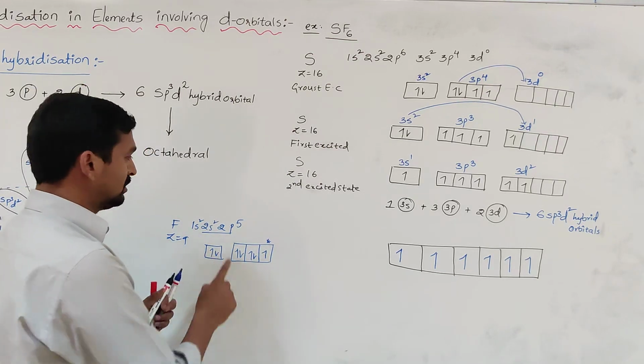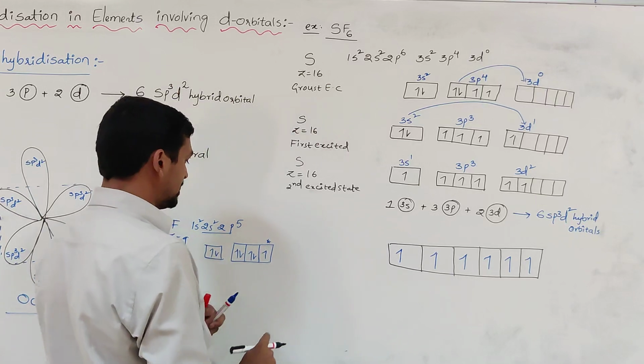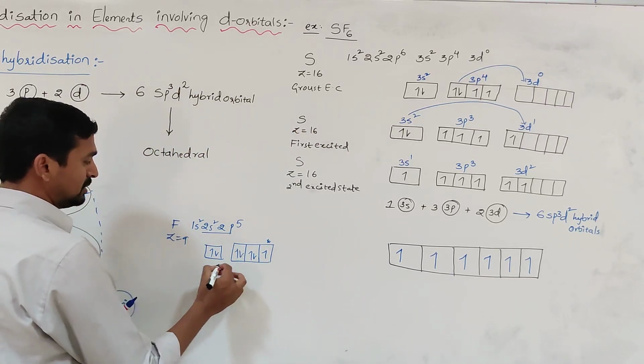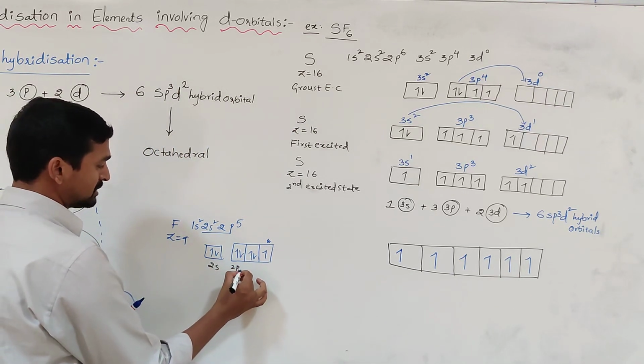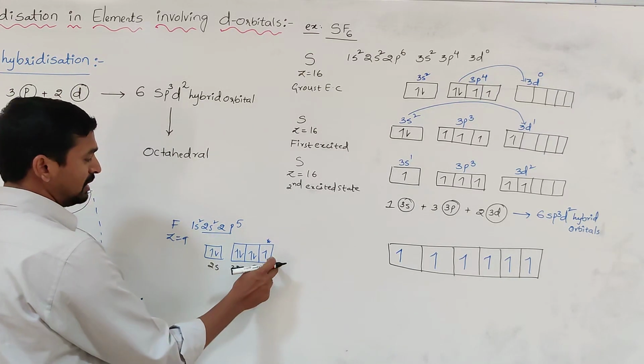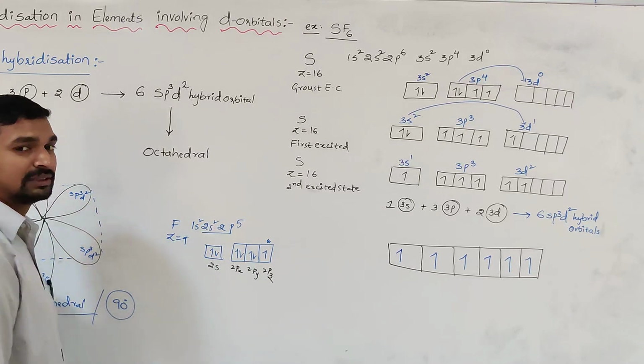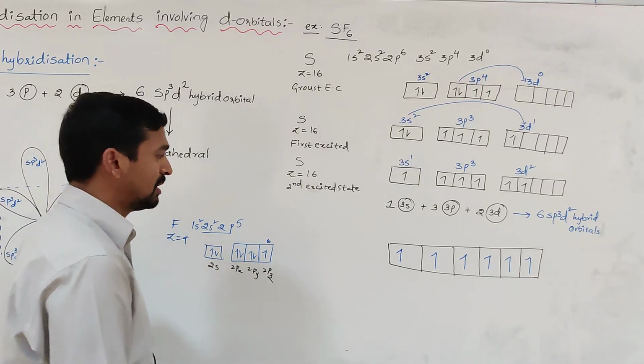Now, each of these 6 sp3d2 hybrid orbitals overlaps with the 2p orbital of a fluorine atom, 2px, 2py and 2pz, to form 6 S-F sigma bonds.